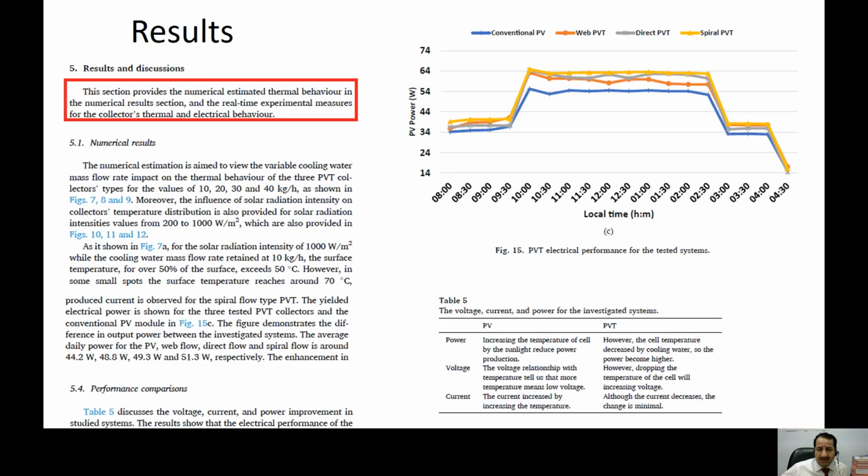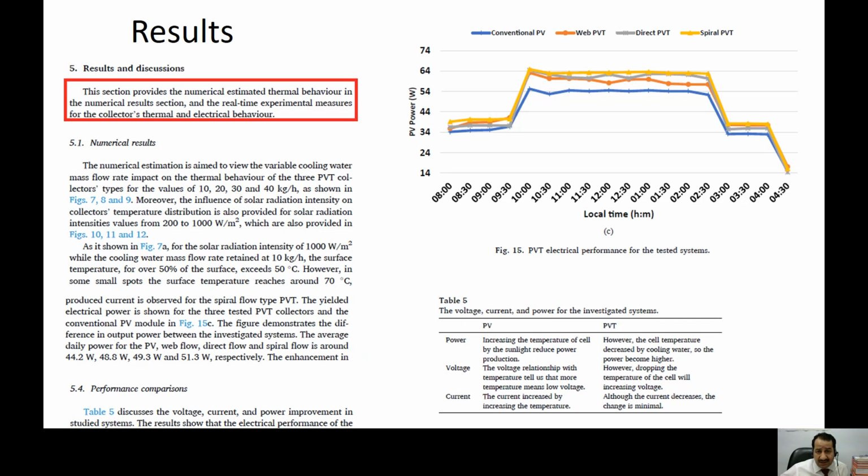Now, results. I'm taking this from my paper published recently in Solar Energy in Elsevier. You can see the results here. By the way, you can put sections and subsections.